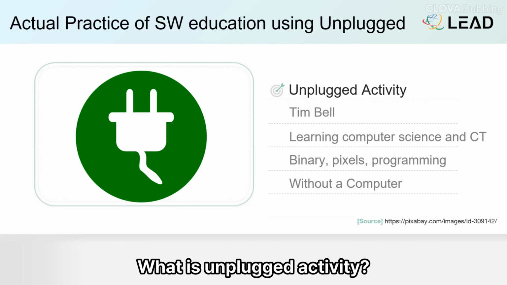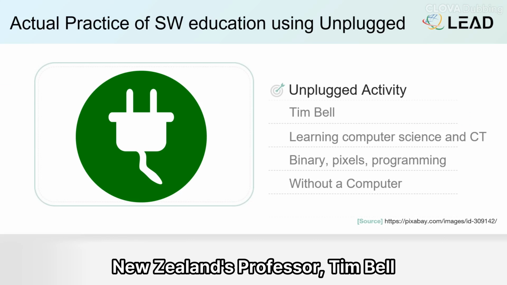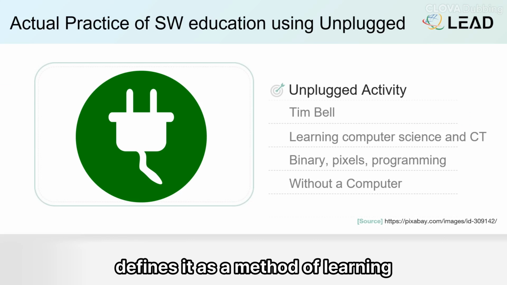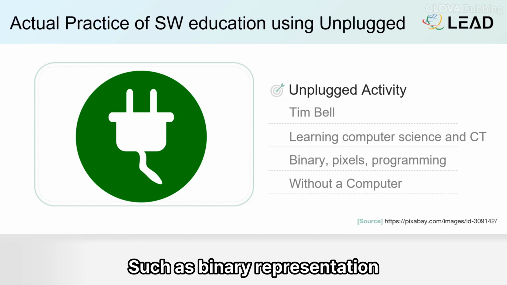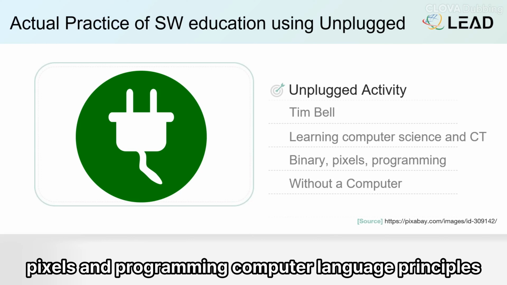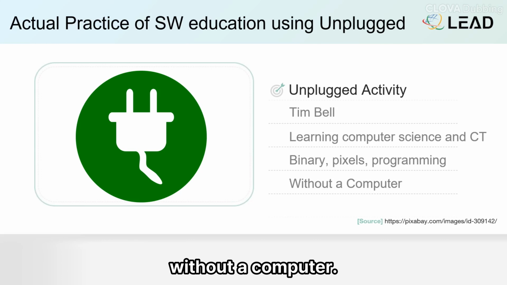What is unplugged activity? New Zealand's Professor Tim Bell defines it as a method of learning computer science and computational thinking, such as binary representation, pixels, and programming computer language principles without a computer.